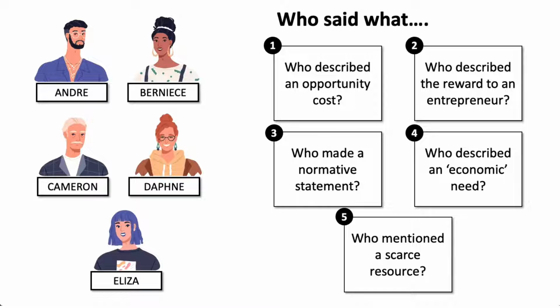So I'm going to start with Andre in the top left. What did Andre say? And which of 1, 2, 3, 4, 5 best matches what Andre said? So have a think. I think there's so many things to be thinking about here.